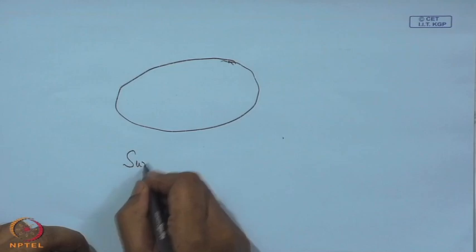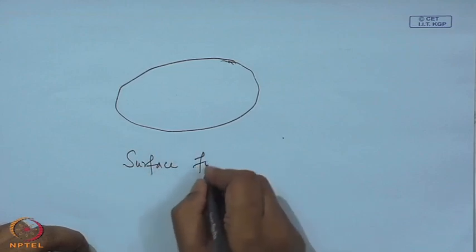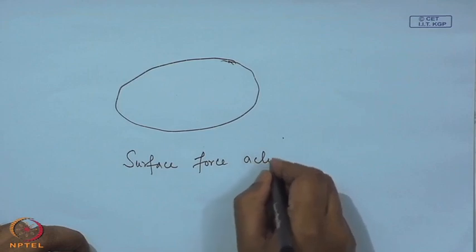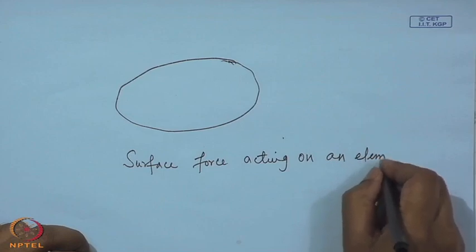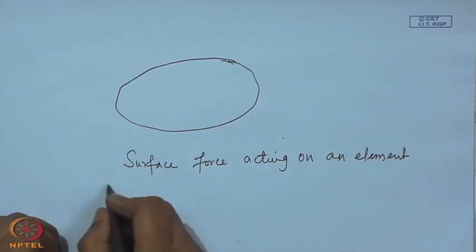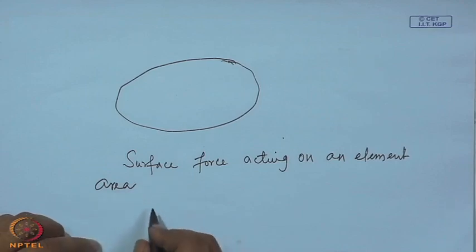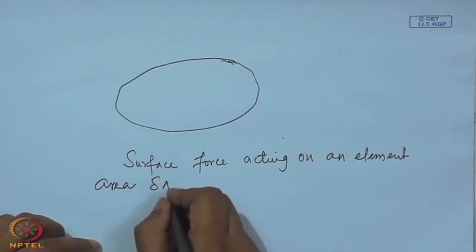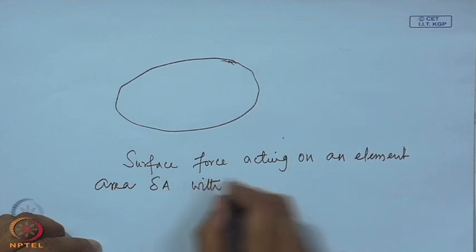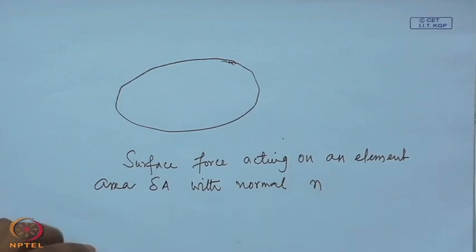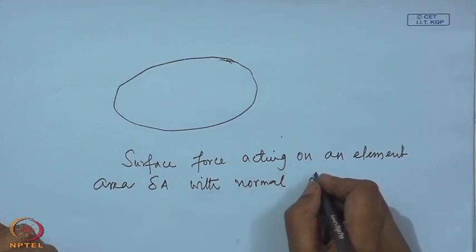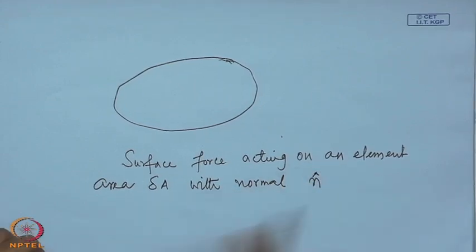So, let us write that: surface force acting on an element of area, say delta A, with normal n, or unit normal n. For the time being I am using this vector notation.